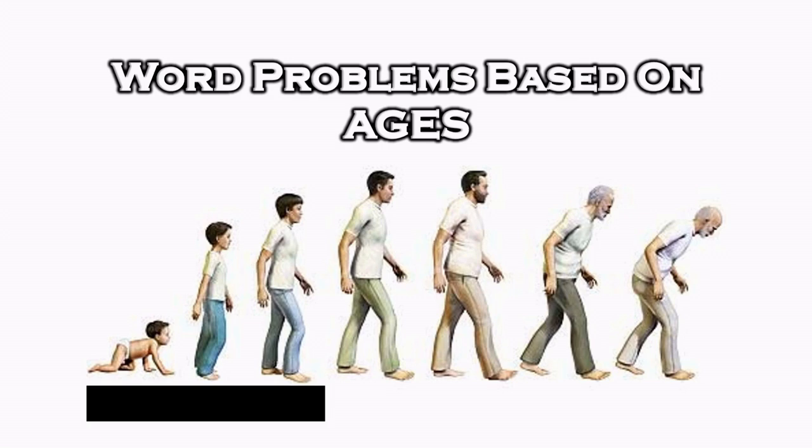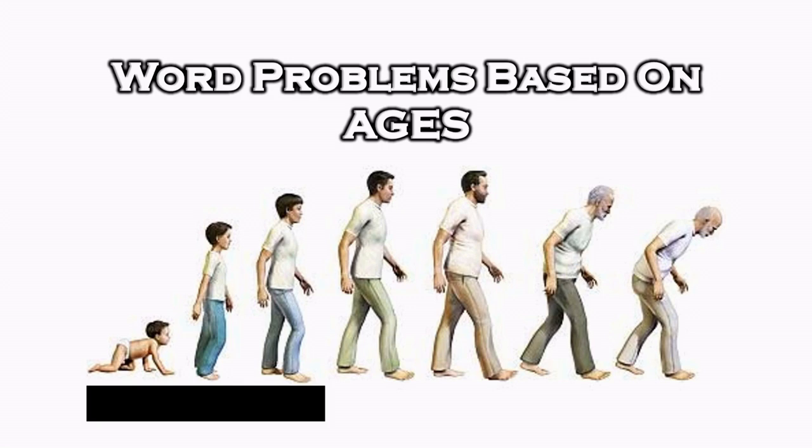So, we represent the unknown age with a variable, such as x. Then, we carefully read the statements given in the question and convert them into mathematical expressions. For example, if a person's present age is x years, then after 5 years the age will be x plus 5 years. Similarly, 5 years ago the age would have been x minus 5 years.